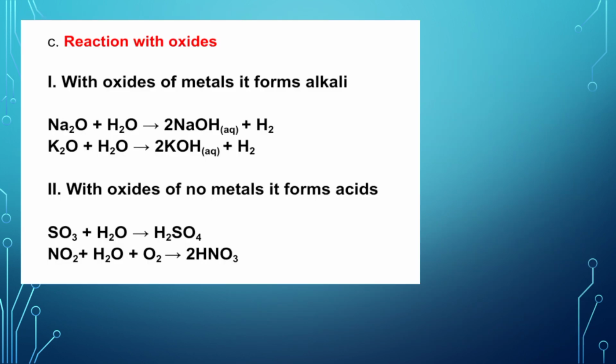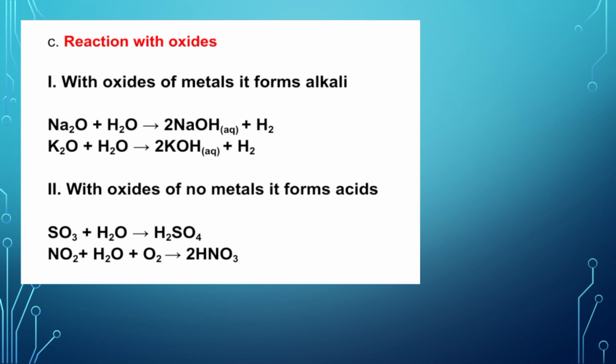Reaction with oxide, that is water reacting with oxide. Oxides can be metallic oxide or non-metallic oxide. For metallic oxide, mostly the basic oxide, if we dissolve in water, it is going to give us an alkaline solution. For oxides of non-metal that are acidic, you remember I said something about acid anhydride when I was discussing rainwater just now.